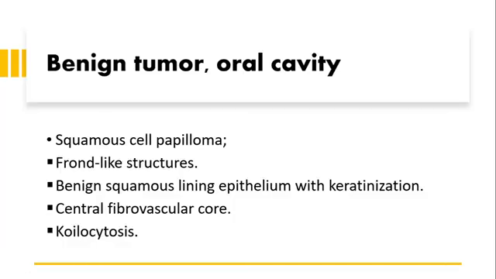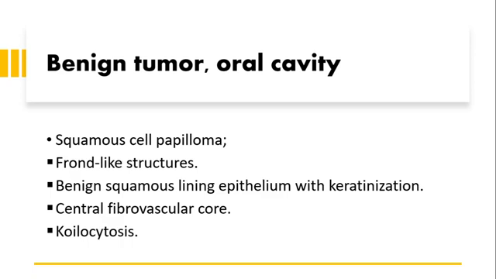Regarding benign tumors of the oral cavity, as you know, the normal lining epithelium of the oral cavity is stratified squamous epithelium, and its corresponding benign tumor is called squamous cell papilloma.